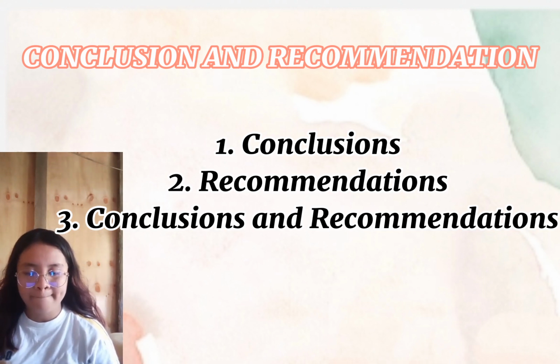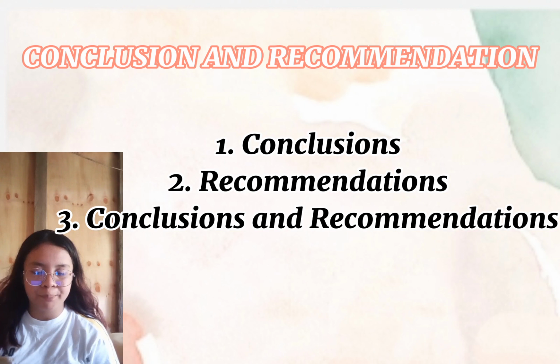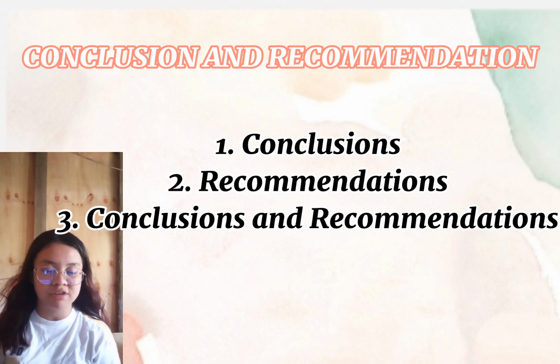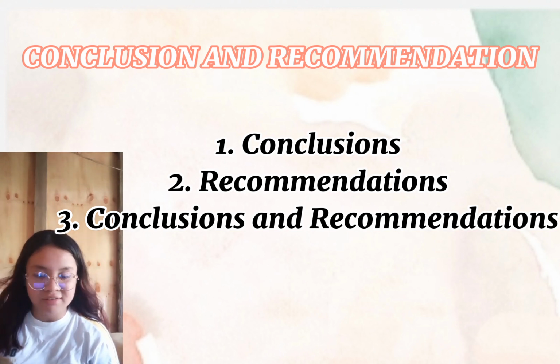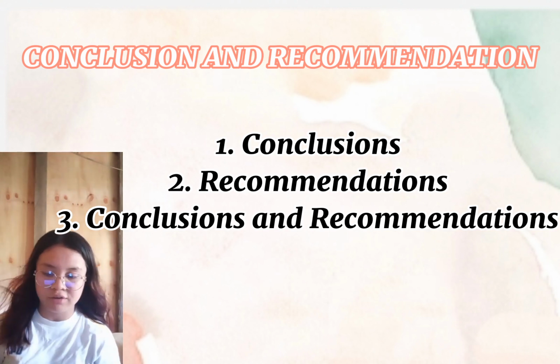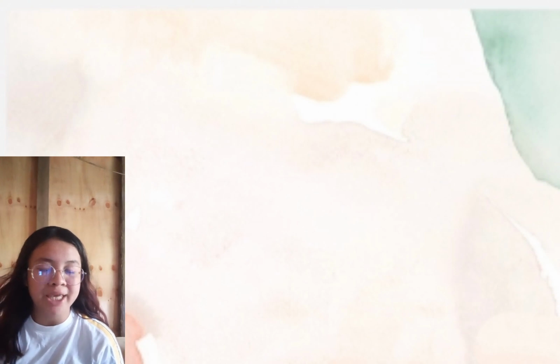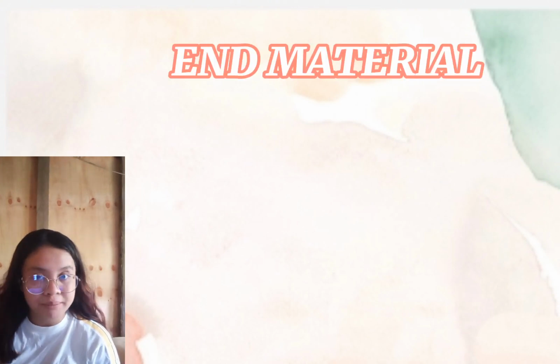Another option for a report that contains many conclusions and recommendations is to separate this last section into two sections: the conclusions and the recommendations. The final and last one for making a formal report is the end material.